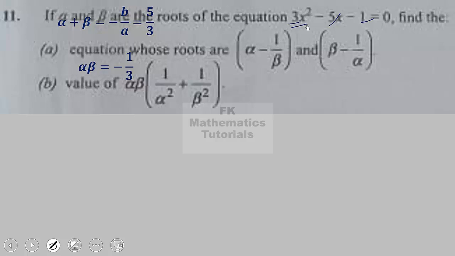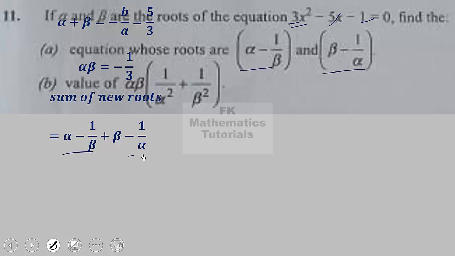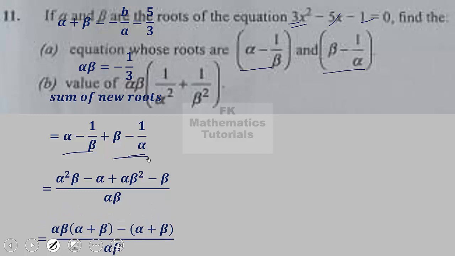Now, for the new equation, we need to find the sum of the roots. So the sum of new roots will be this plus this, which gives us this expression here. Now, we need to use arithmetic to simplify this to obtain this, as you can see on the screen.